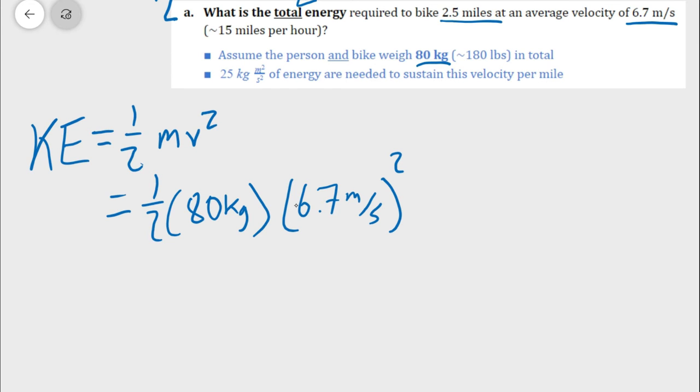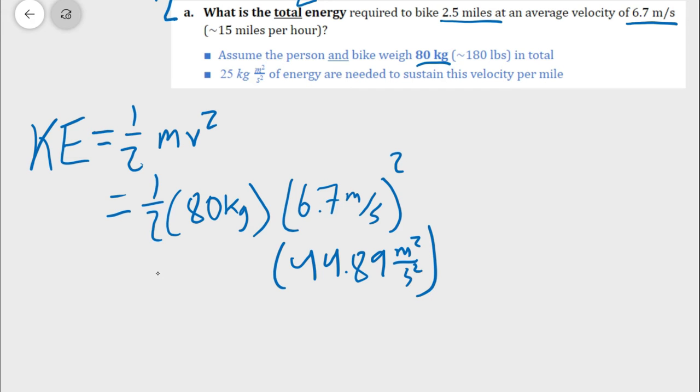And again, this is the same thing as multiplying two 6.7s. I'm going to go ahead and square it in my own calculator, right? So 6.7 squared gives me 44.89. I'm just going to write it down so that you're following along, but you can definitely go ahead and write it in your own, you can calculate all of this together to get that result at the end. Meters squared over seconds squared, we're squaring that whole thing. 1/2 times 80.